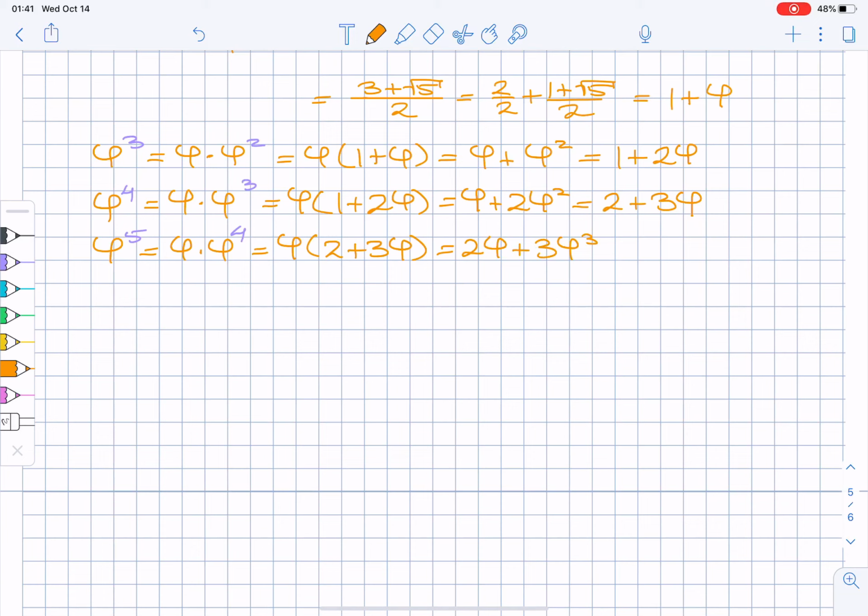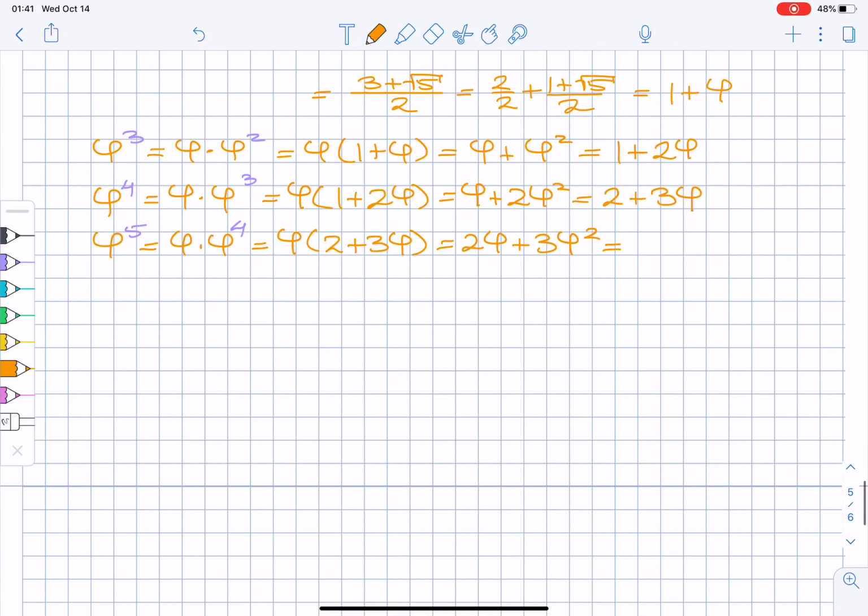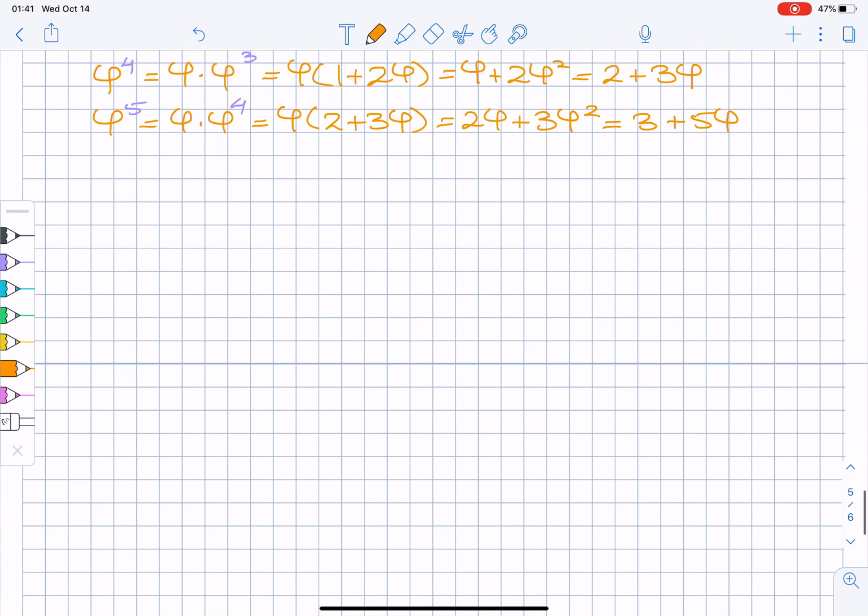Well, 3 phi squared is 3 times 1 plus phi, which is 3 plus 3 phi. 3 phi plus 2 phi is 5 phi, so 3 plus 5 phi. Look at these numbers. So what do I have so far? I have that phi is 1 times phi plus 0.